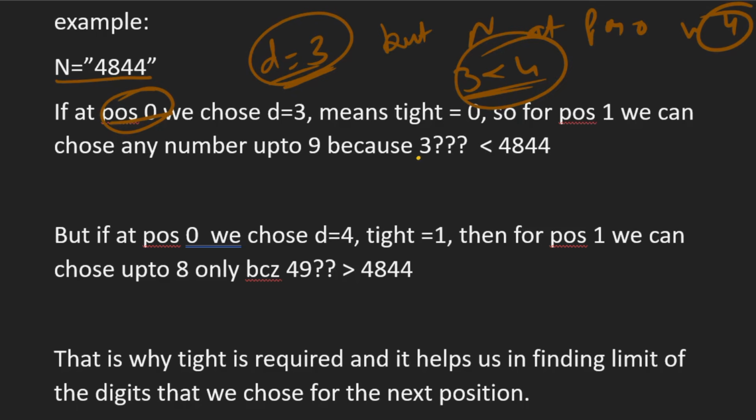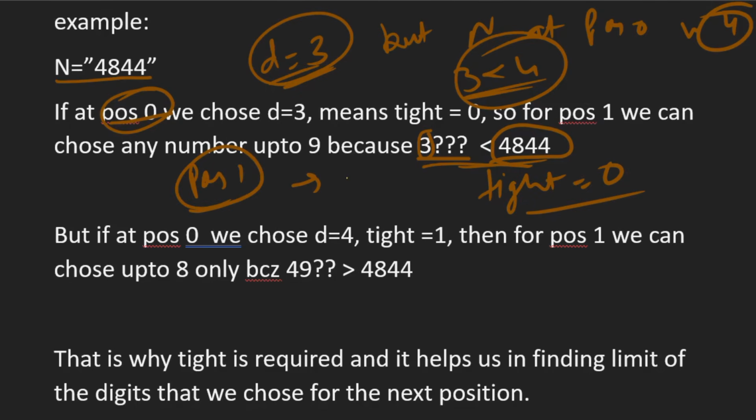So all the numbers that can be made with that particular choice will be less than 4844. So in that case our tight will be 0. So for position 1 we can choose any number from 0 to 9, right?